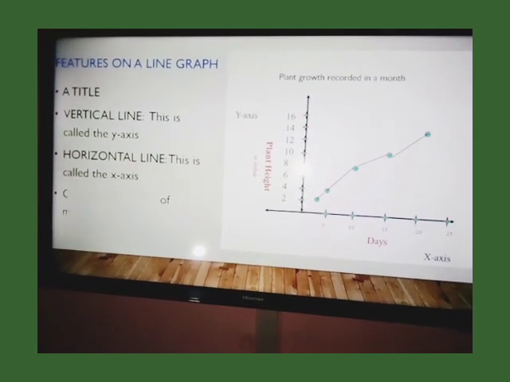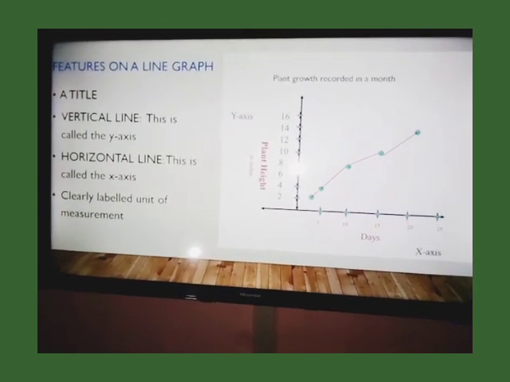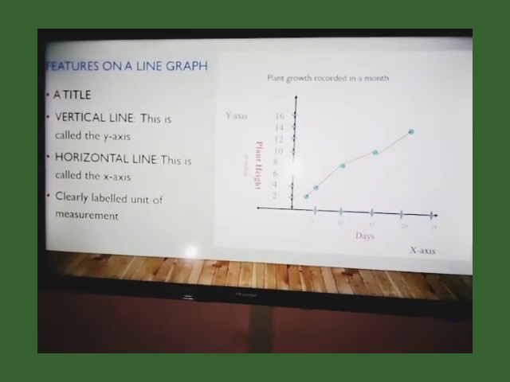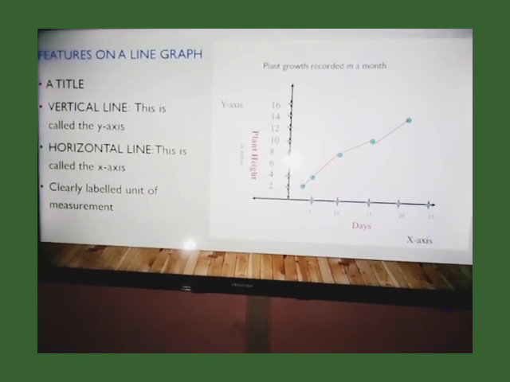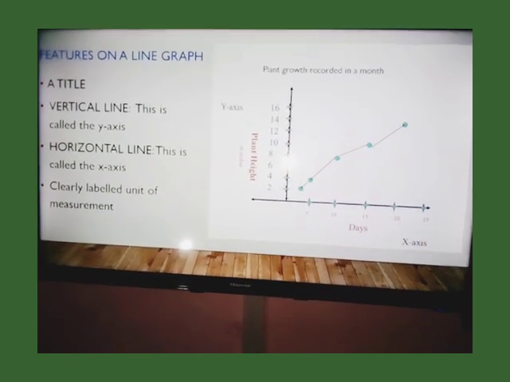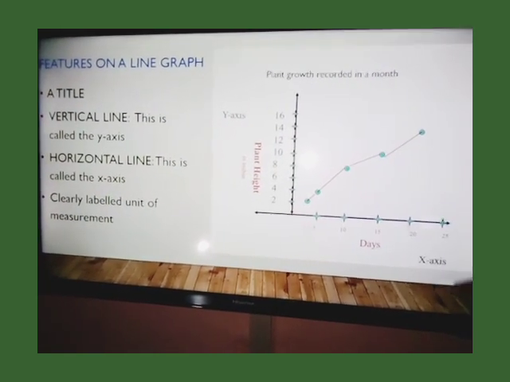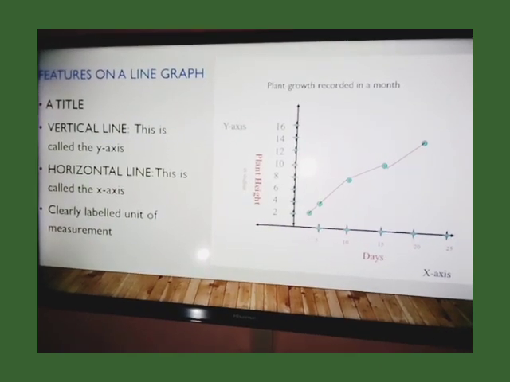And you also have to make sure that in your line graph you are having labels that are clearly labeled. For example, especially the unit of measurement, which we are talking about the time, as we said, measured in days. So you can say time in days, time in seconds, time in hours, time in minutes.